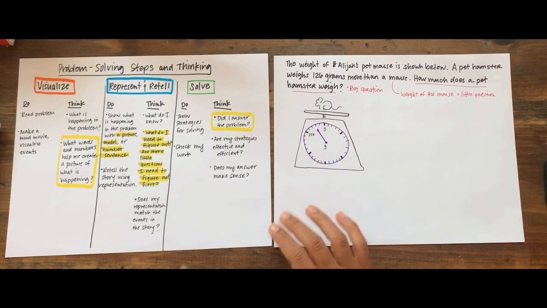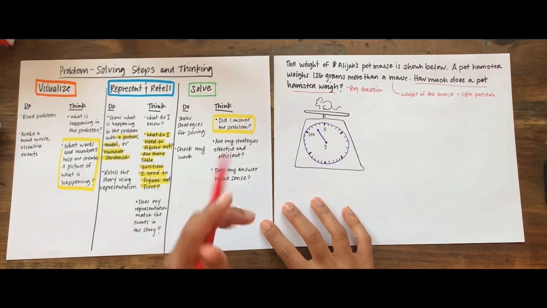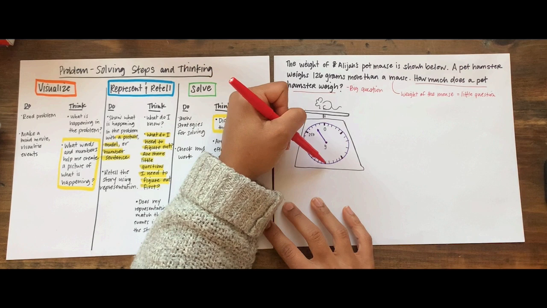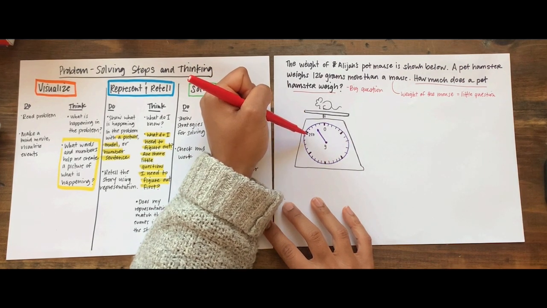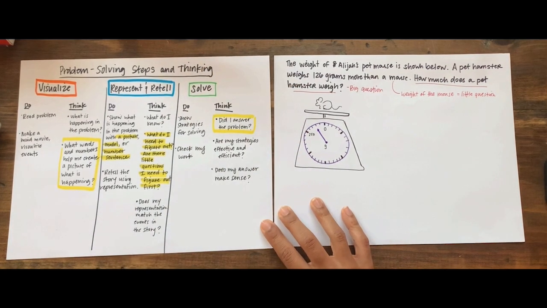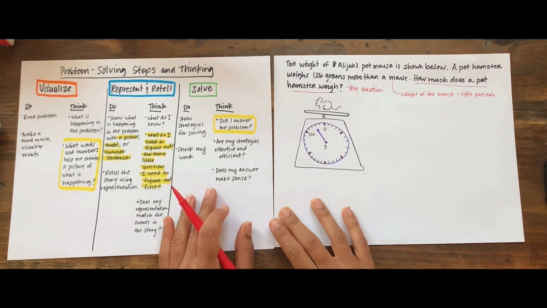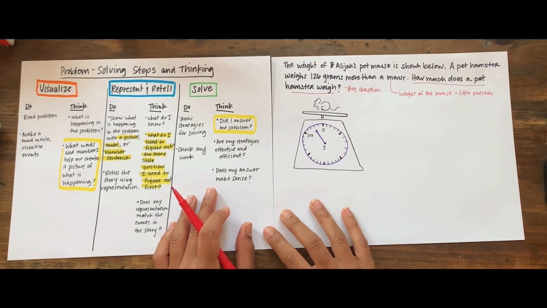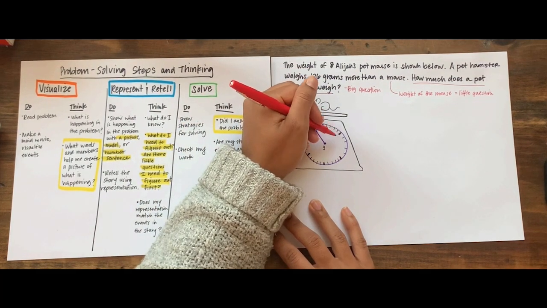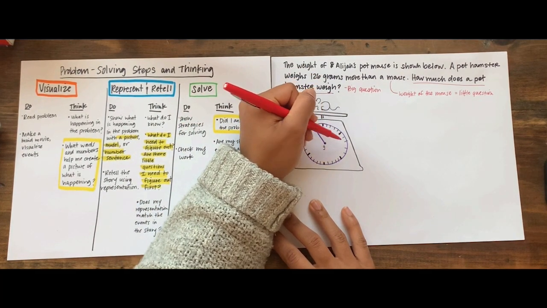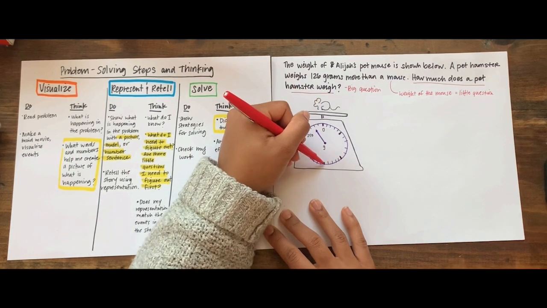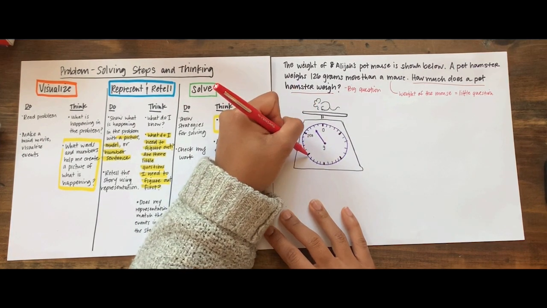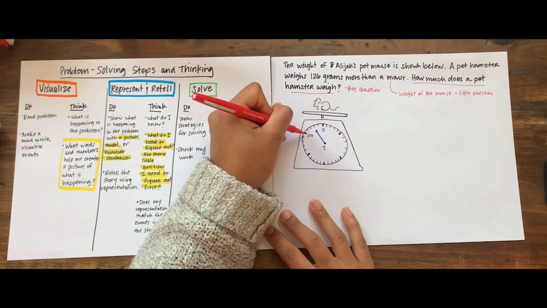So we can think, what number can we count by 5 times to get to 250? Another way to think about that is 5 times what equals 250? Let's try counting by 50s. 50, 100, 150, 200, 250.